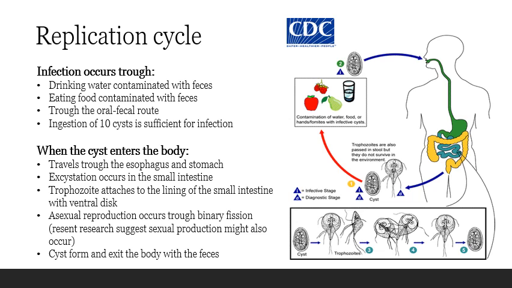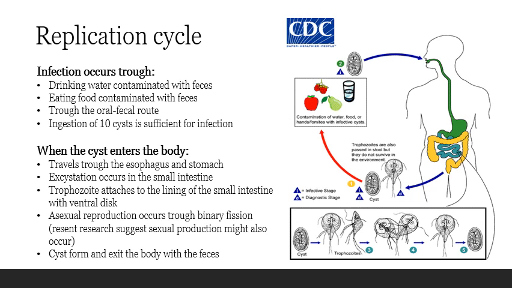The trophozoite does not survive in the feces, but the feces do contain the cysts, and then they end up on surfaces or on food or in water. And then when you drink it, you get infected.